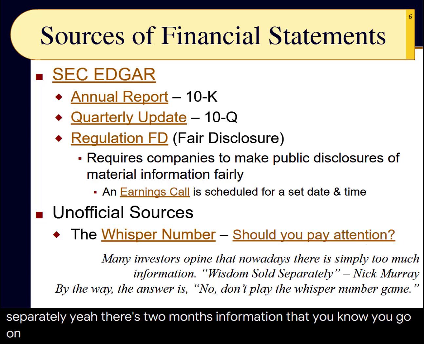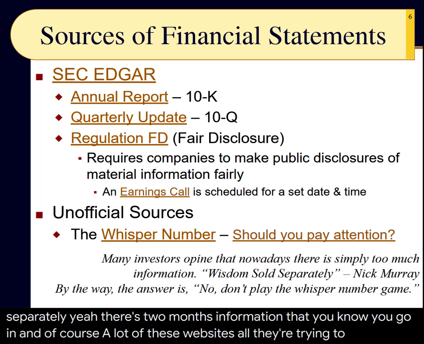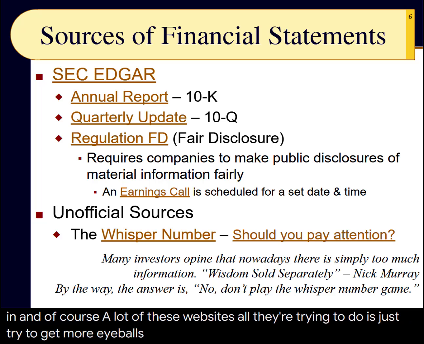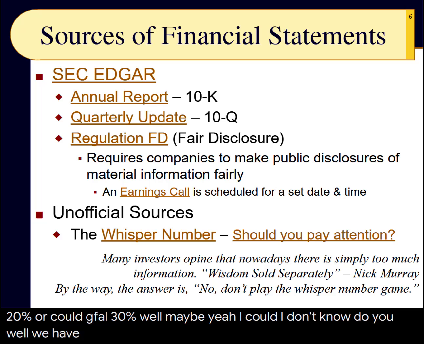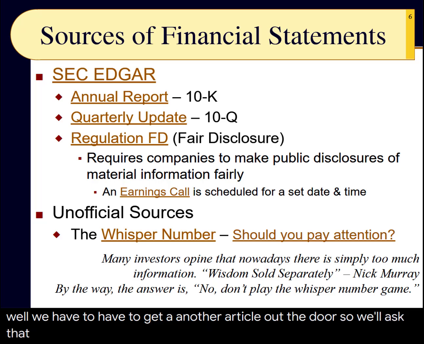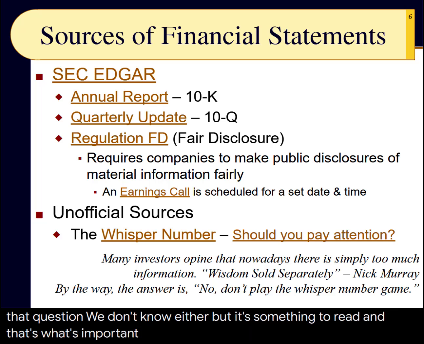And of course, a lot of these websites are just trying to get more eyeballs. So they come out with, will Apple increase 20%? Or could GE fall 30%? Well, maybe. Yeah, it could. I don't know. Do you? Well, we have to get another article out the door, so we'll ask that question. We won't actually answer it because we don't know either. But it's something to read, and that's what's important.